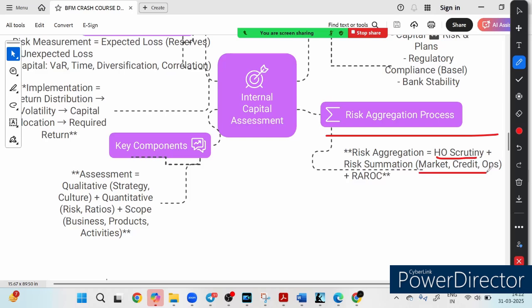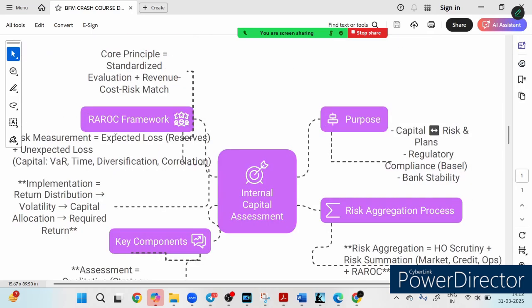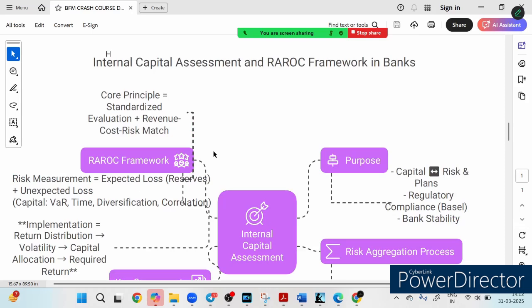To ensure consistency and accuracy. So friends, by effectively combining capital assessment with the RAROC framework, banks can make smarter data-driven decisions, boosting profitability while maintaining compliance and stability. So basically two things are there: one is the RAROC framework, the other is capital allocation, and this is how this internal capital assessment works.